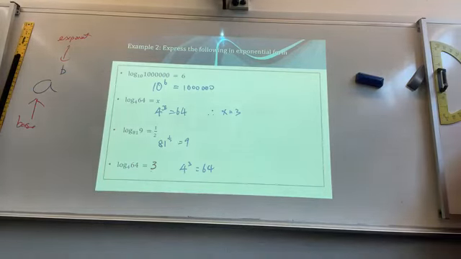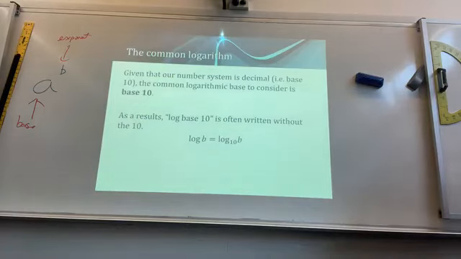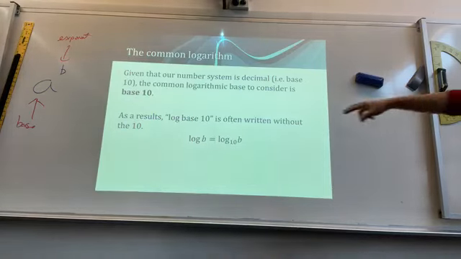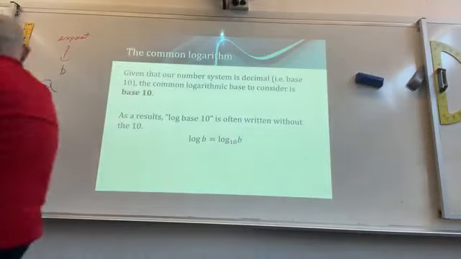Now, in the course that we are doing, given that our number system is decimal, the common logarithmic base to consider is base 10. So as a result, for this course only, if we say log b, it is log base 10 of b. Be very, very careful.